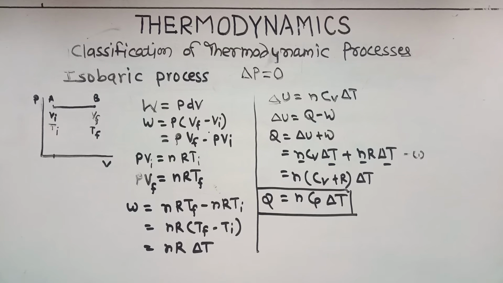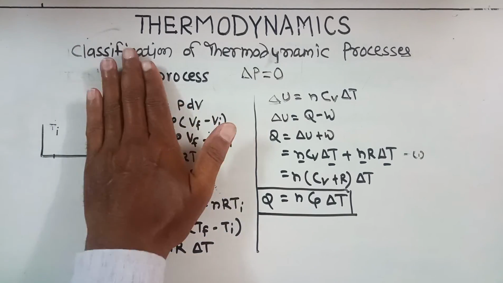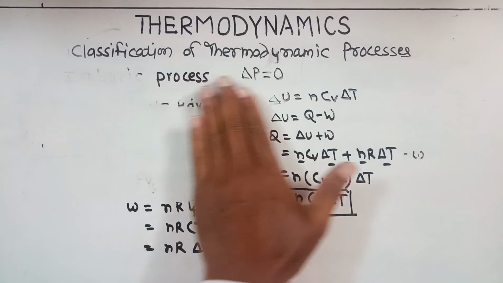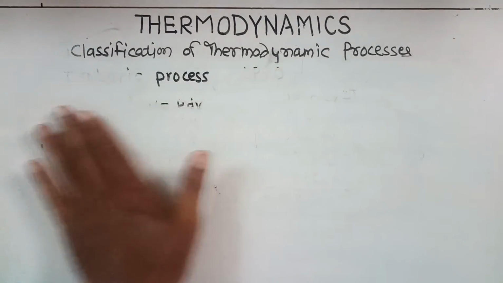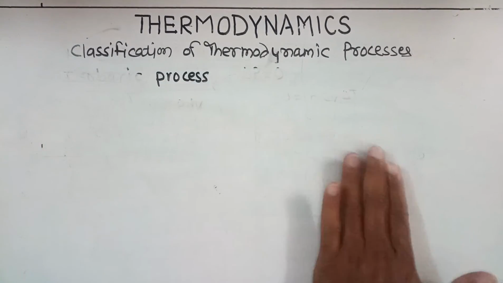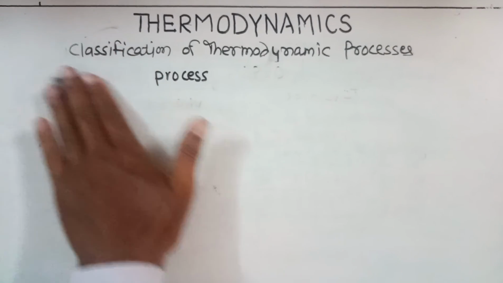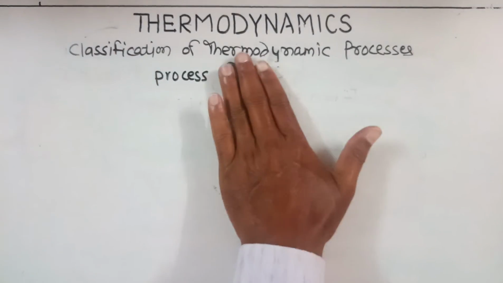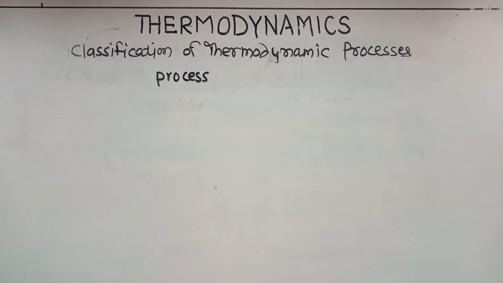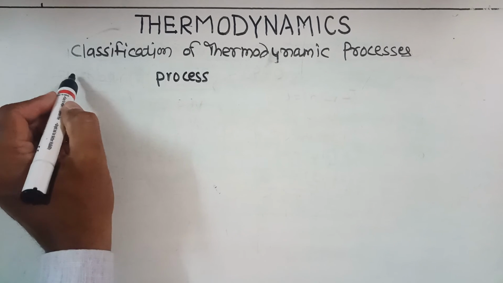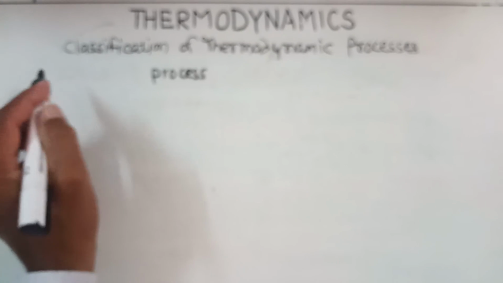Now let us see the next thermodynamic process, and that is the isochoric process. Which process is said to be isochoric process? A process in which the volume of gas is constant is known as the isochoric process.